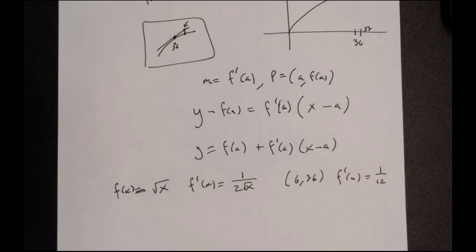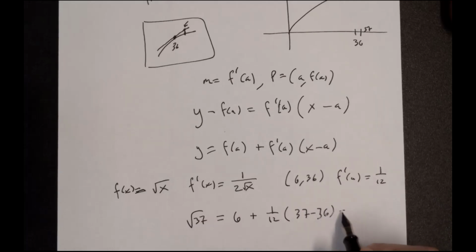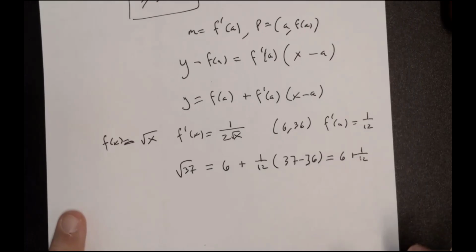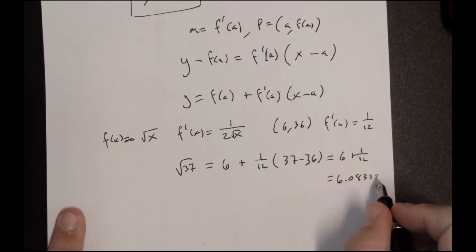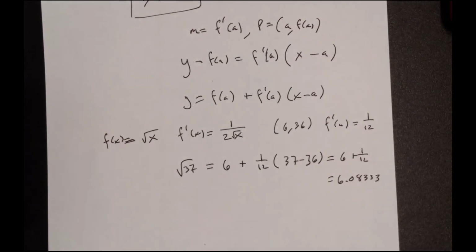And that means that the square root of 37 is roughly 6 plus 1/12 of 37 minus 36, 6 plus 1/12, or in decimal, 6.08333 repeating. Because that's the decimal for a 12th.